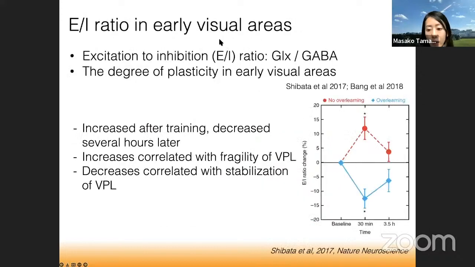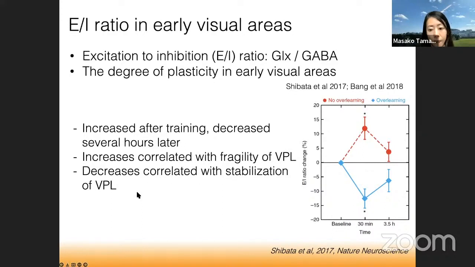Earlier, we established that the glutamate to GABA concentration ratio, or the EI ratio, was strongly related to the degree of plasticity of early visual areas. For example, the EI ratio increased after training and decreased several hours later. These increases of the EI ratio correlated with the fragility of learning, and decreases correlated with the amount of stabilization of learning.